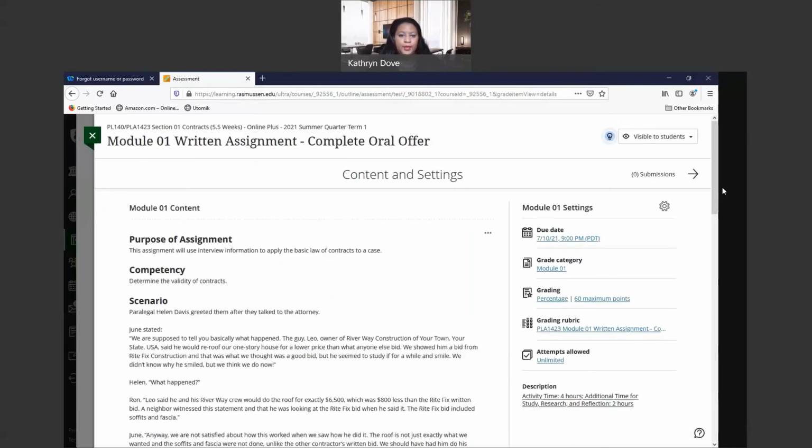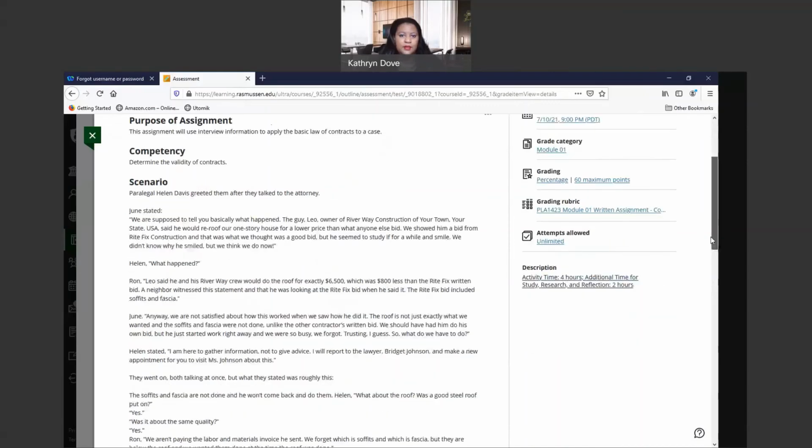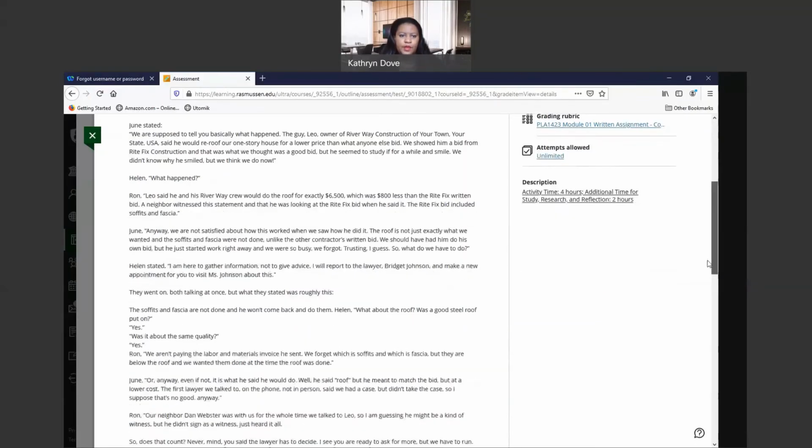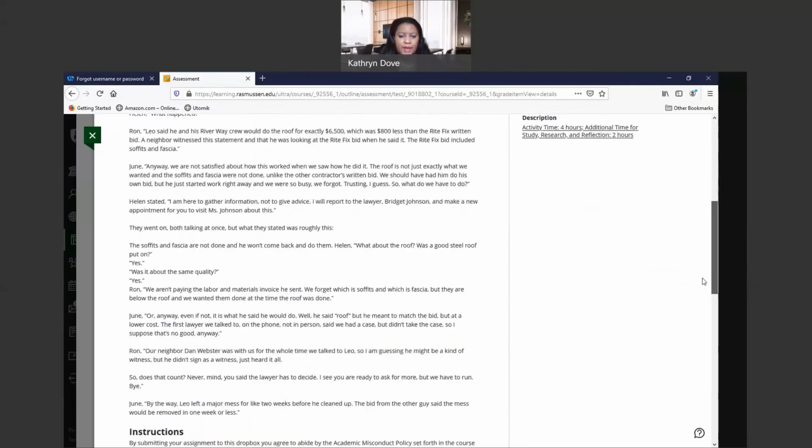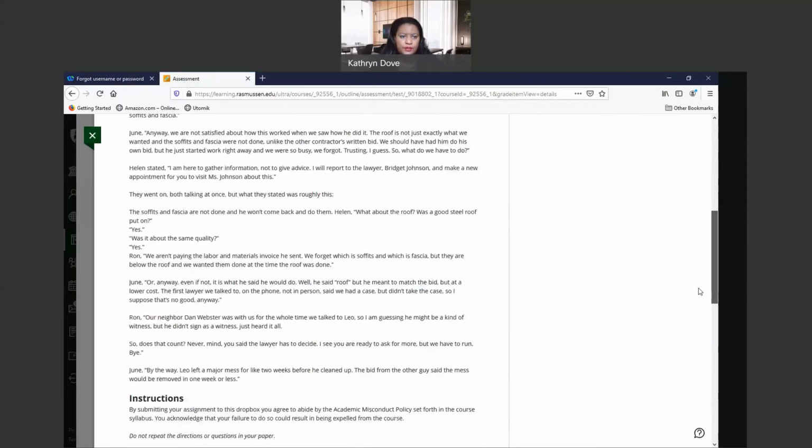Again, what happened is Leo, the owner of Riverway Construction, offers to re-roof the client's one-story house for a lower price than anyone else bid. They were not exactly happy with the work done.